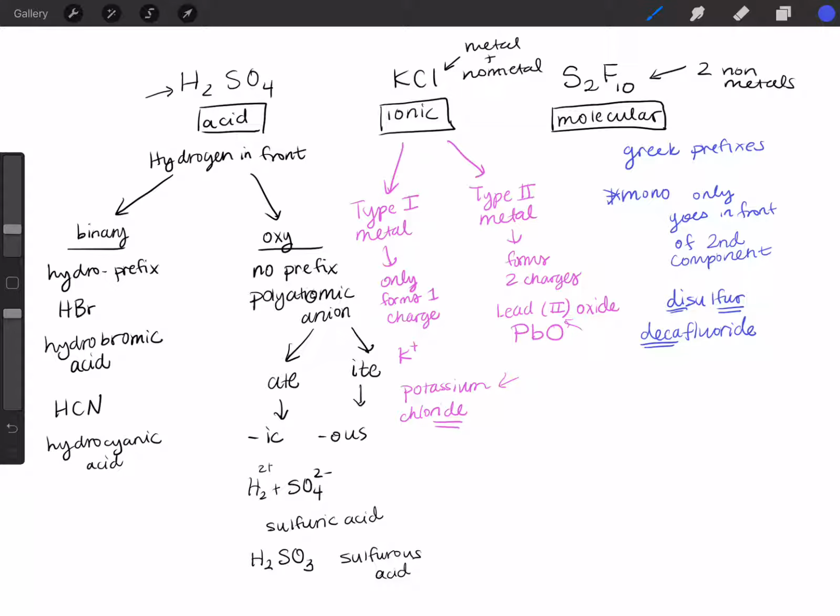How about this one? Carbon monoxide. Notice how this mono only goes before the second element. It doesn't go before the first one, even though there's only one carbon. Skylar, you good? Everyone else good? You ready? Okay.